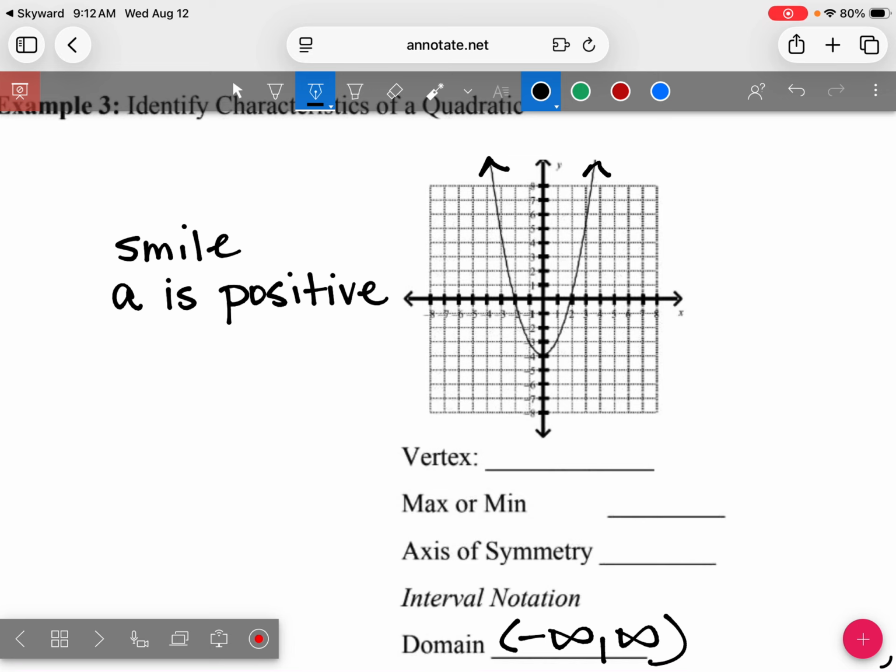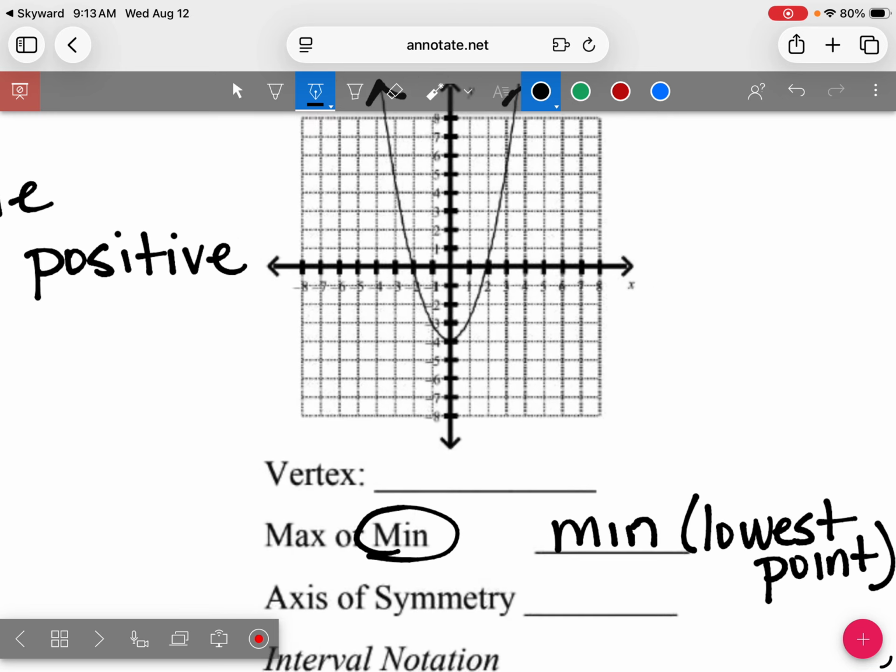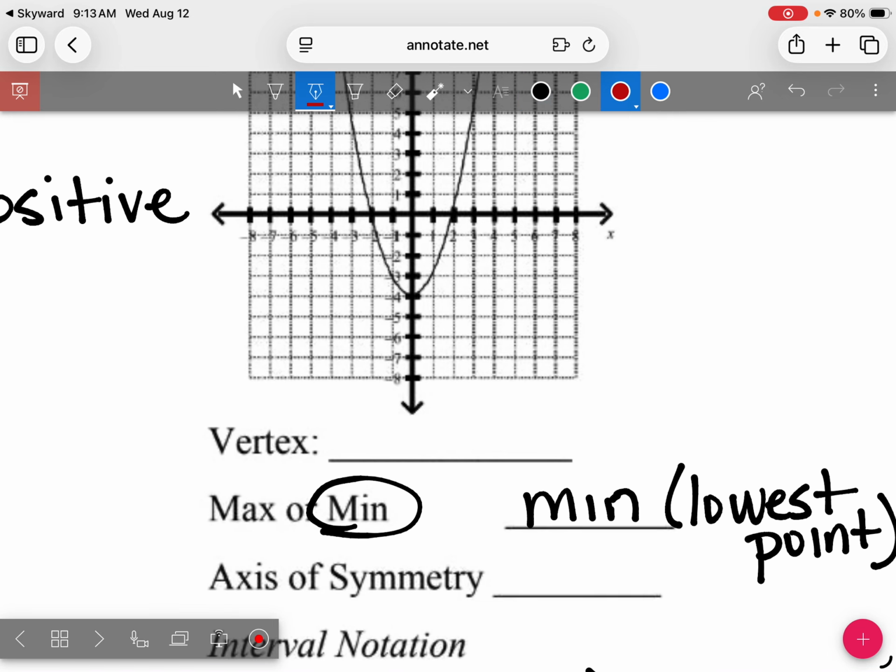So because A is positive, the vertex is a minimum, which means it's the lowest point. So on this graph, the lowest point is right here on the y-axis, where I put that red dot.